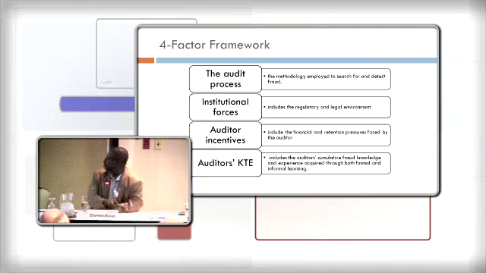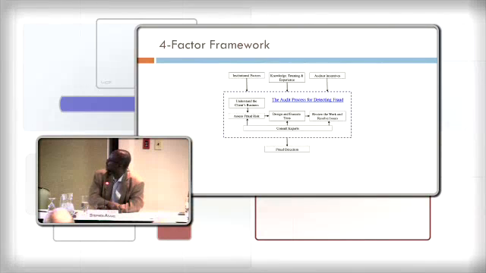We actually got fascinated. Here's our framework, and as you can see, we have the audit process, and the audit process is the typical one that we show students when we are teaching auditing. They understand the client's business, assess risk, go through risk responsive procedures, and then you review the work and resolve the issues.